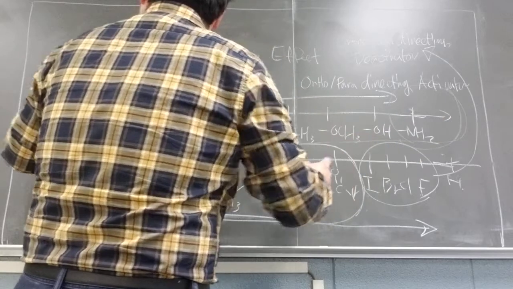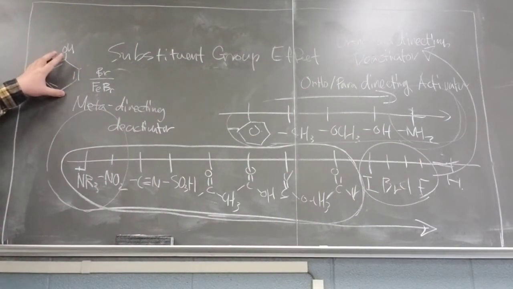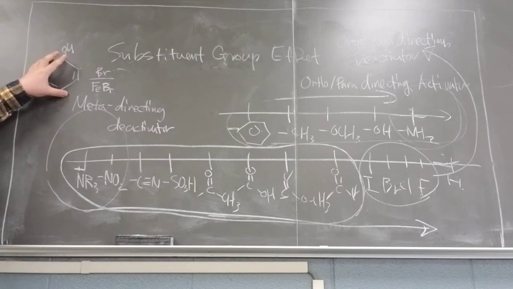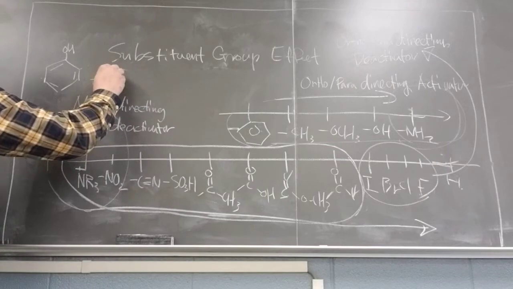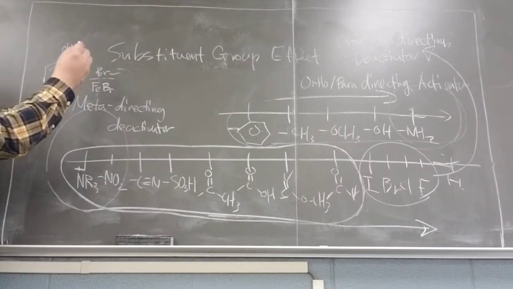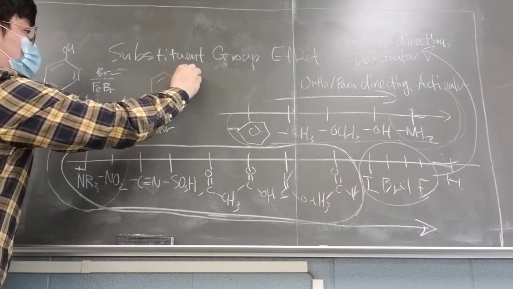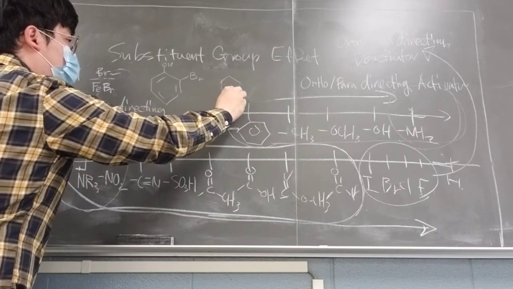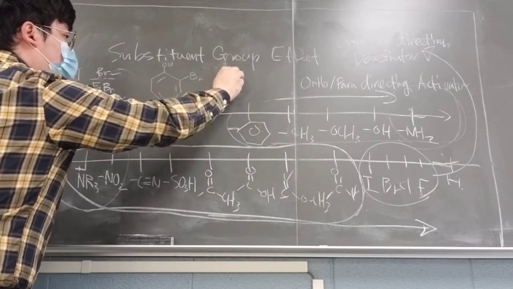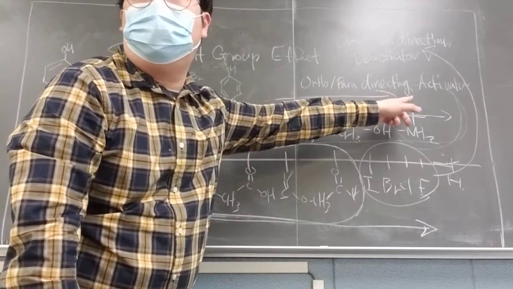So if you look at this one here, you have a hydroxy group on this aromatic compound, right? So whenever you do the substitution here, this one will become on here or here, either way, because this is an ortho para-directing activator.